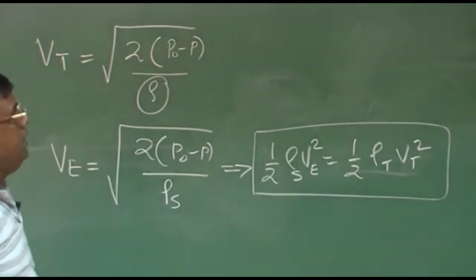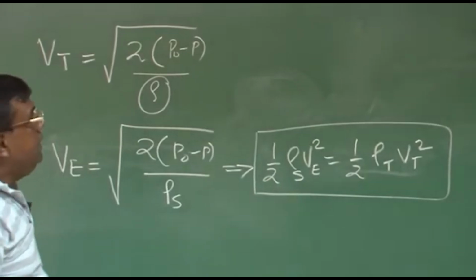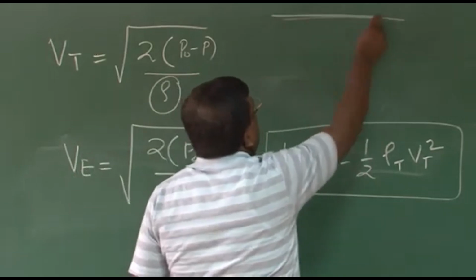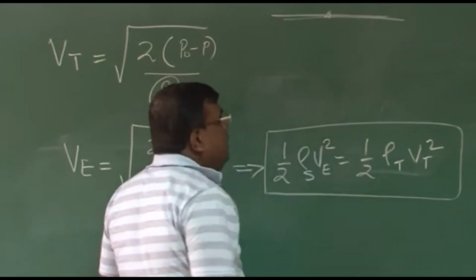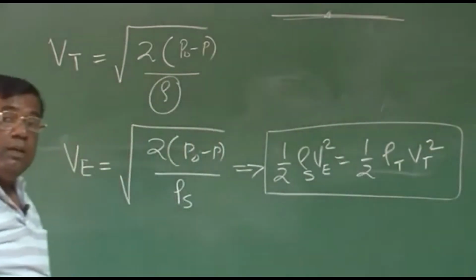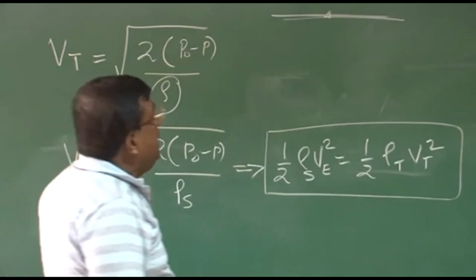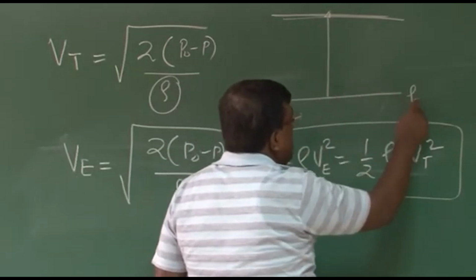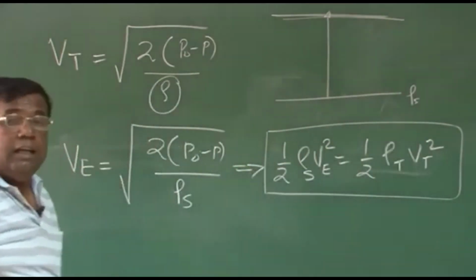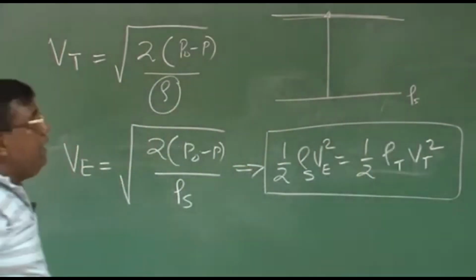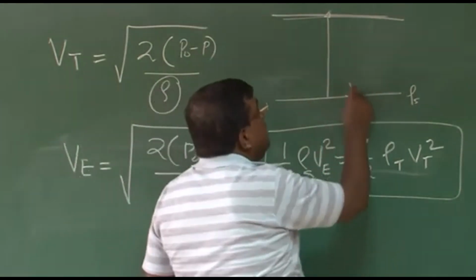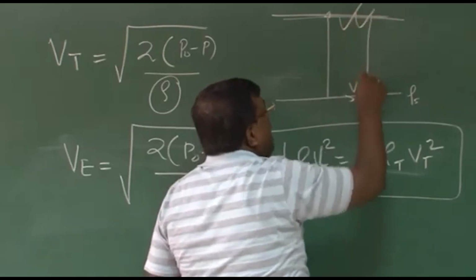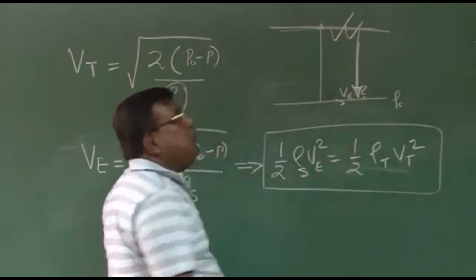Meaning thereby is that if I am flying at some pressure altitude, and I am noting down what the true dynamic pressure is there. And I am now trying to fly at rho s, standard density, standard atmosphere at sea level, and try to see at what speed I should fly so that the true dynamic pressure at this altitude is duplicated.